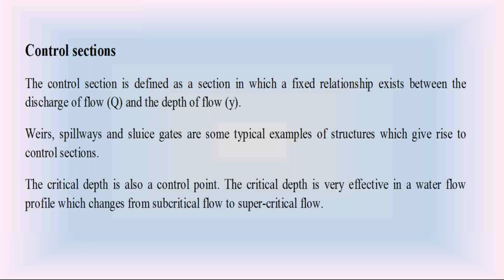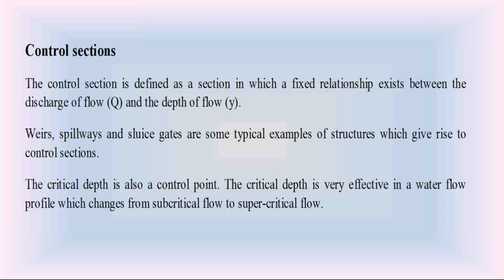In open channels, the rectangular weirs, the spillways, the sluice gates, all are the control sections. By knowing the depth of water flow over the weirs, over the spillways, over the sluice gates, we can find out the discharge Q at that particular location.